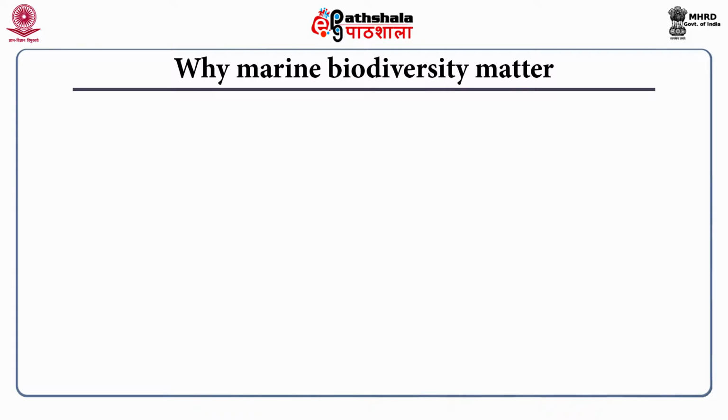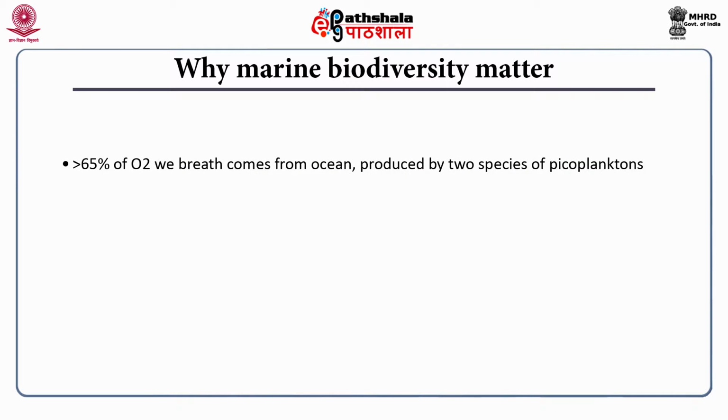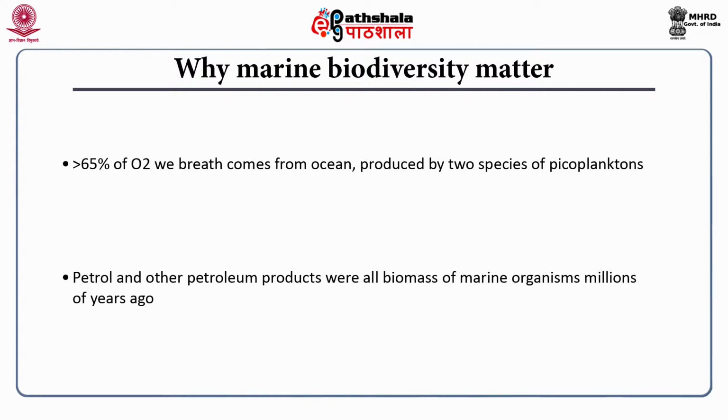So why does marine biodiversity matter? More than 65% of the oxygen that we breathe comes from the ocean, produced by 2 species of picoplanktons, that is cyanobacteria. Petrol and other petroleum products were all biomass of marine organisms millions of years ago.